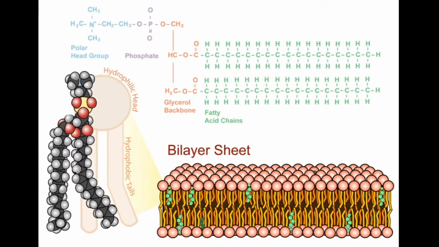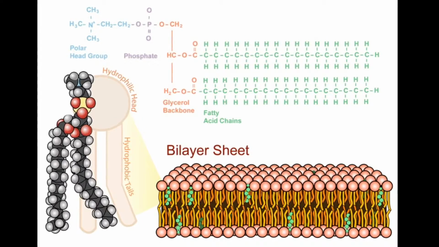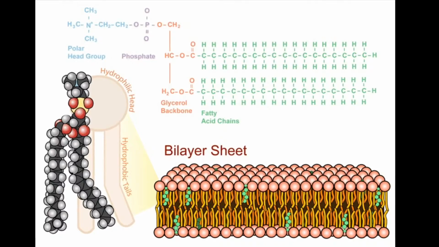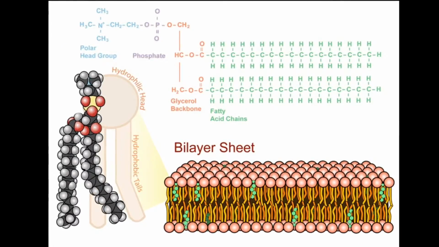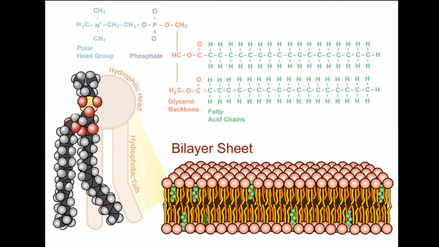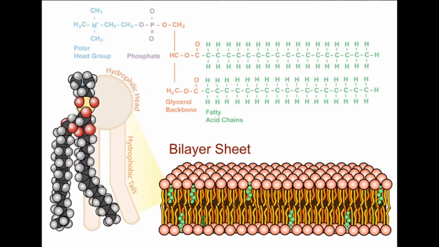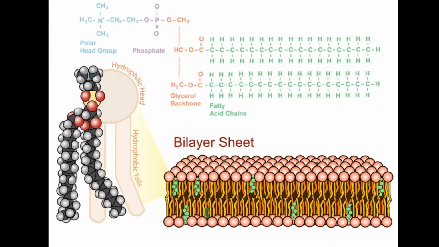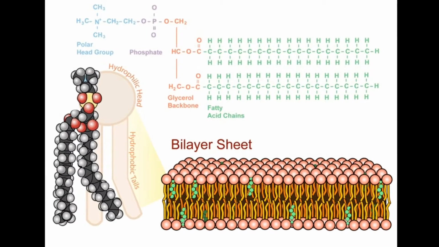Since cytosol and the extracellular fluid are mainly water, the nonpolar tails tend to bunch together in the middle by creating a bilayer as shown. As the center of this membrane is made of nonpolar tails, the plasma membrane tends to let small and nonpolar molecules pass. However, polar molecules and larger molecules must rely on other ways.